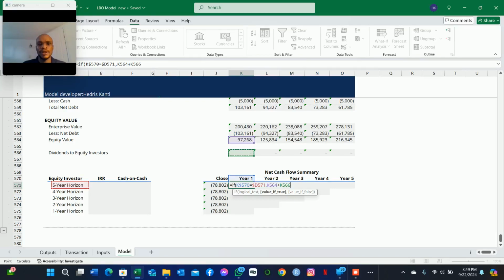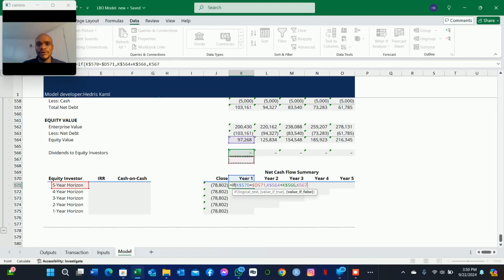So in this case, we will also have to reference this with F4 2 times. Reference this with F4 2 times as well. So if that year is equal to the year of our fifth year horizon, then give us the equity value plus the dividends received by the investors.